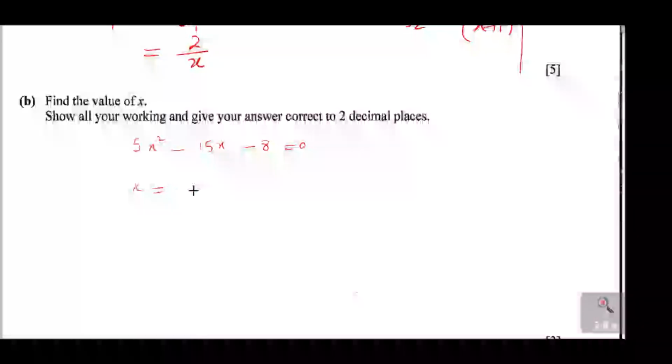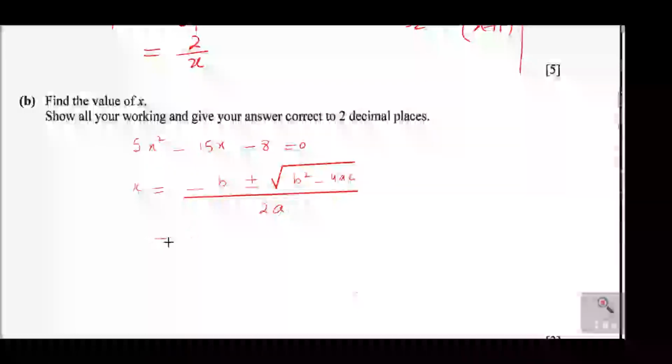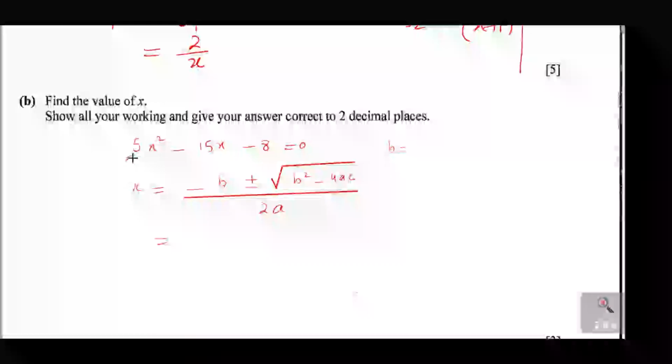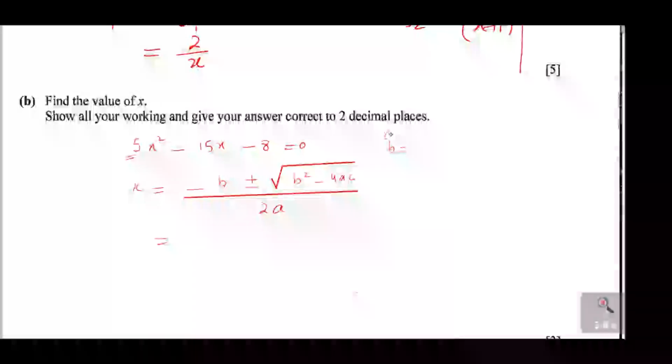The quadratic formula is x equals minus b plus minus square root of b squared minus 4ac over 2a. The coefficient of x squared is a, and we can write 5. The coefficient of x is b, and this is minus 15. The constant is c, and we write minus 8.